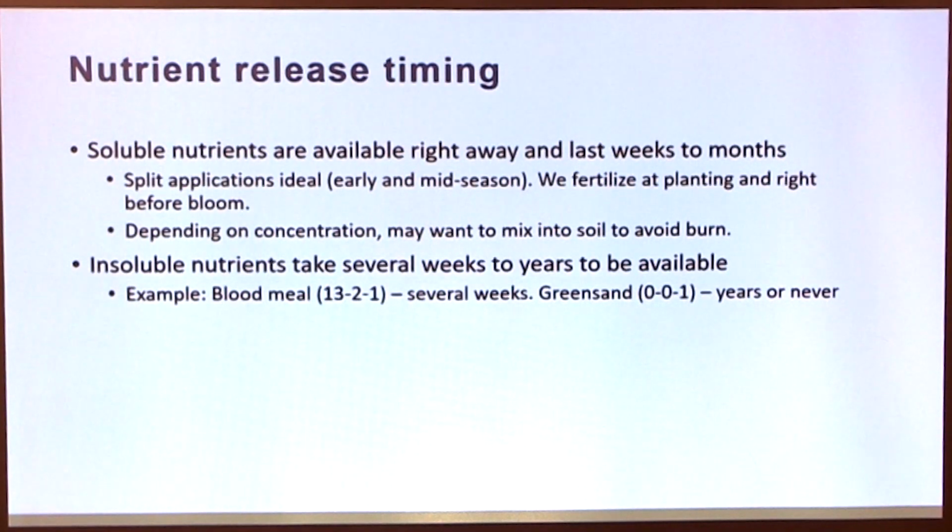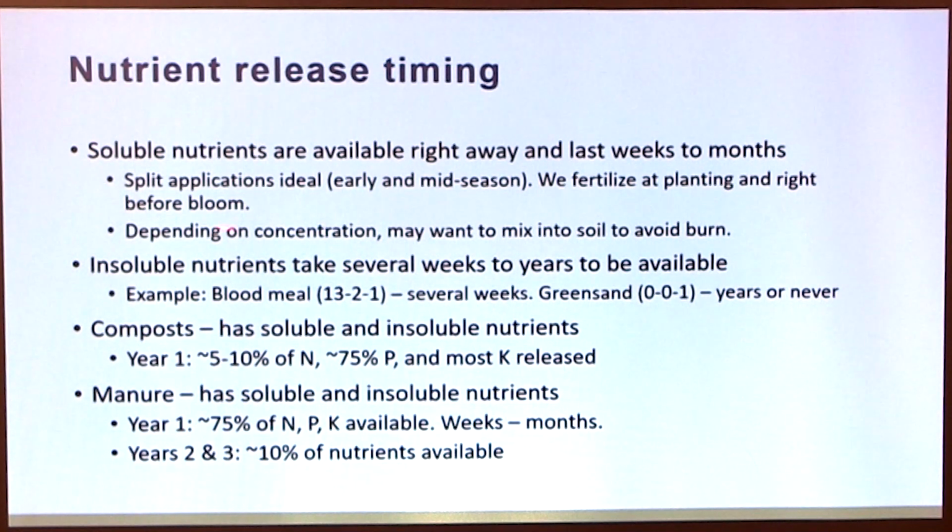Thinking about nutrient release timing, it usually takes a few weeks for some of these organic options, so not so long, with the exception of greensand, that can sometimes, not in our lifetime, break down to something useful. Compost and manure actually break down slowly, so when we're using them, we want to credit them the next year.